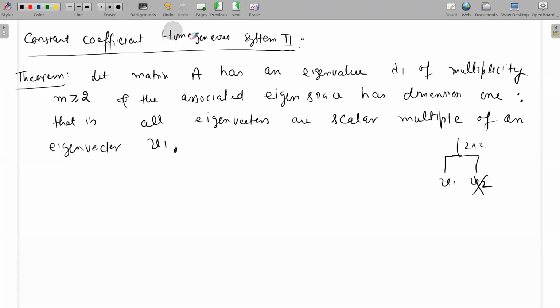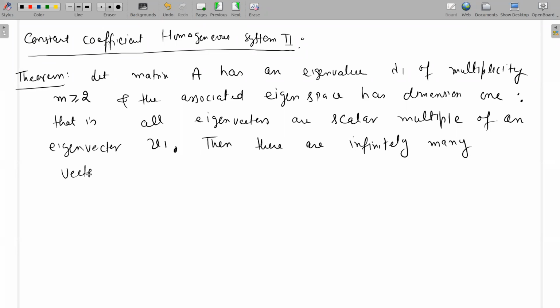So in that case you can find, this theorem says that if all are scalar multiples of an eigenvector v1, then there are infinitely many vectors v2 so that (A minus lambda 1 I) v2 equal to v1.